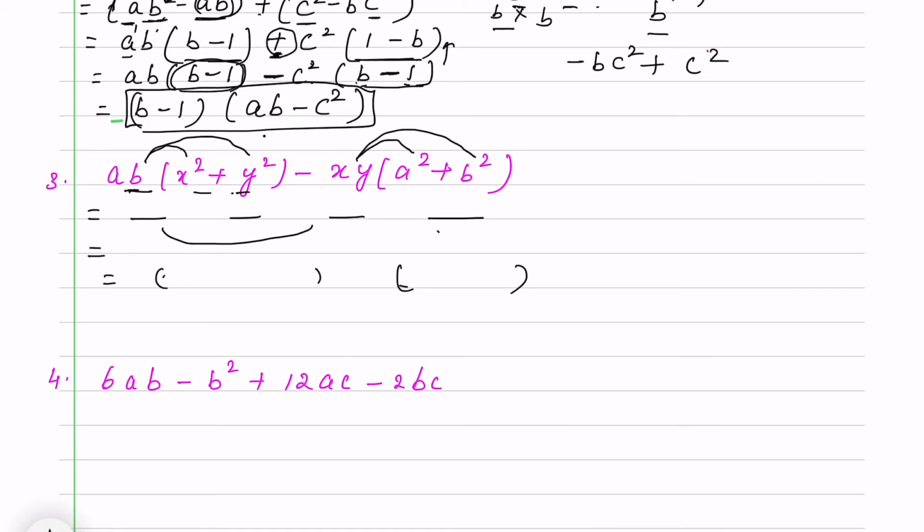Question number 4. Now you see here 6AB and B square. I can make a group here and this also a group. So I am making 6 and 12 inside, and then we have minus B square minus 2BC. You can group others also.